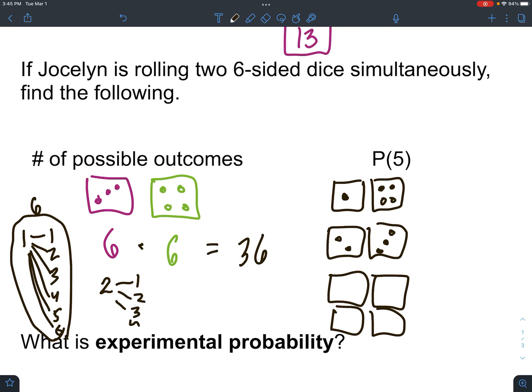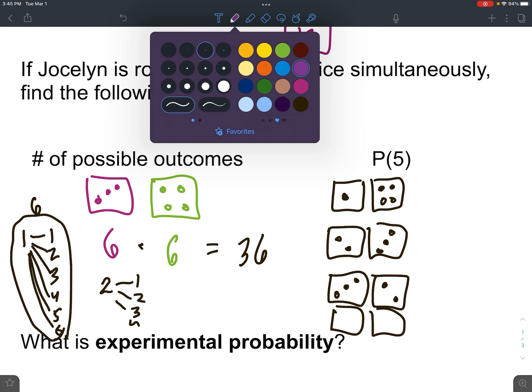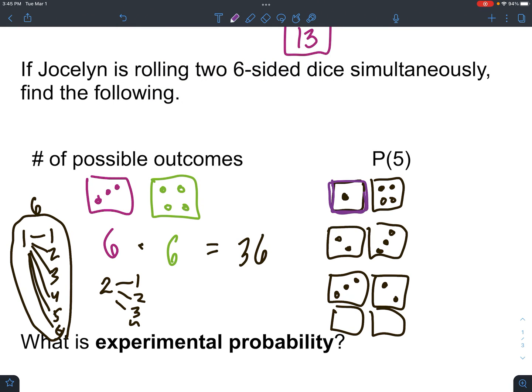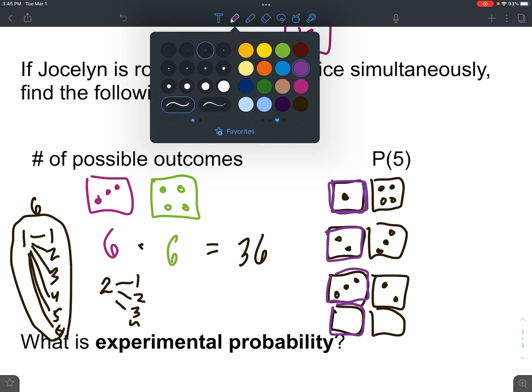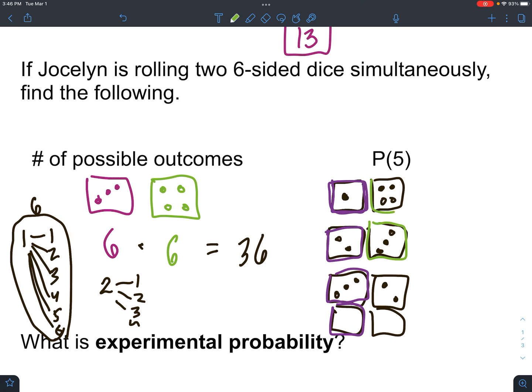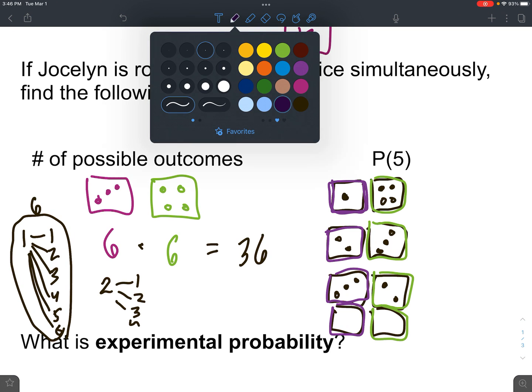But because we're counting up every single outcome, we include them, because this was the purple or the pink or whatever die here, right? So having a purple 3 is different than having a green 3. You see? So we're listing out all the possible outcomes. So order does matter here.